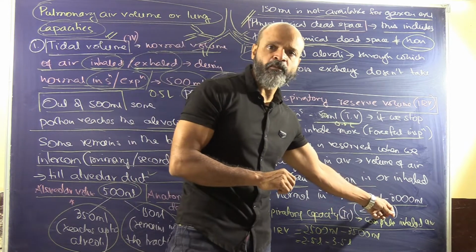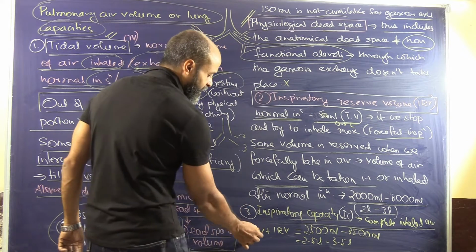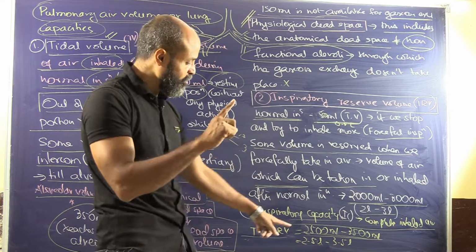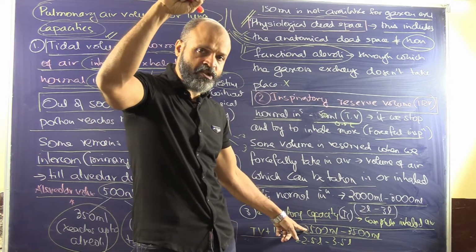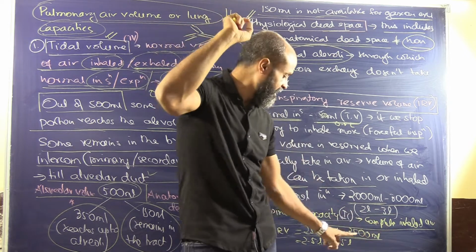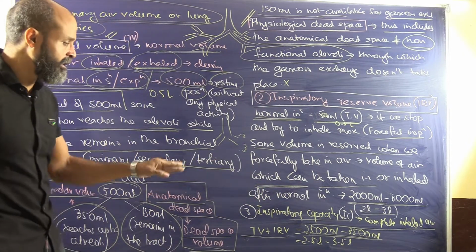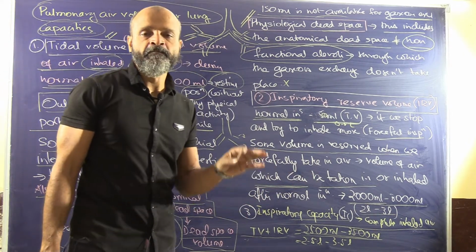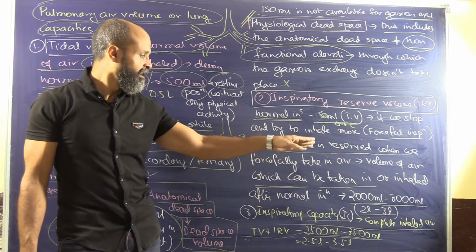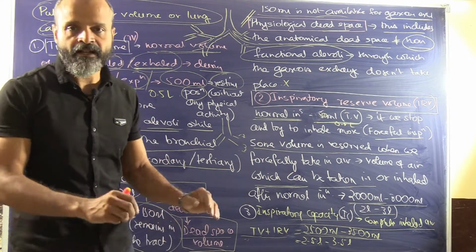If we add both, 2000 plus 500 tidal volume is 2500, and 3000 the upper limit plus 500 is 3500 milliliters. So 2.5 liters to 3.5 liters is the inspiratory capacity. That includes the normal tidal volume plus the extra amount of air which can be forcefully adjusted within our lungs.